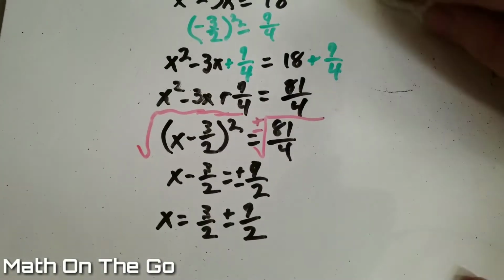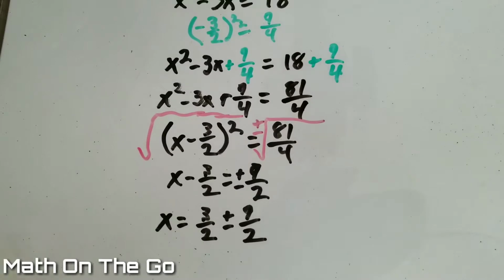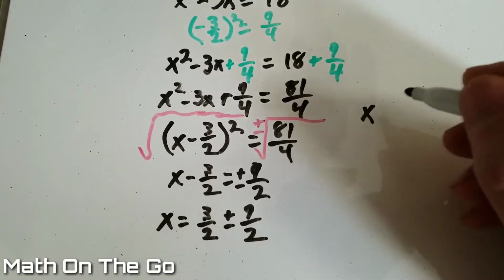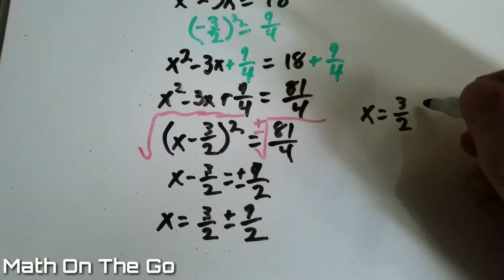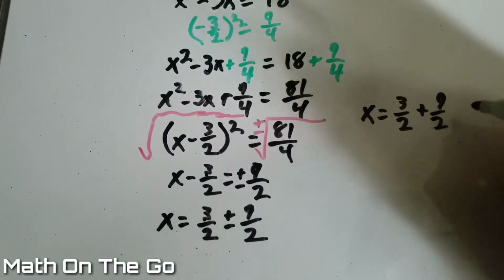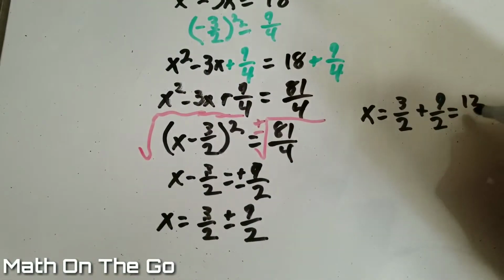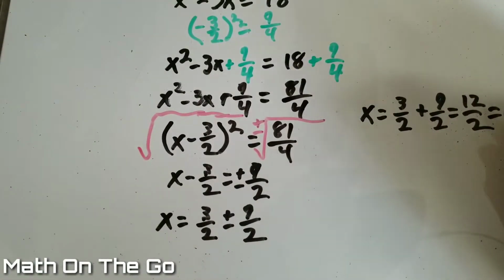Okay, so what we could do here now to get our x-intercepts is we set up x equals 3/2 plus 9/2, which equals 12 over 2, which equals 6.